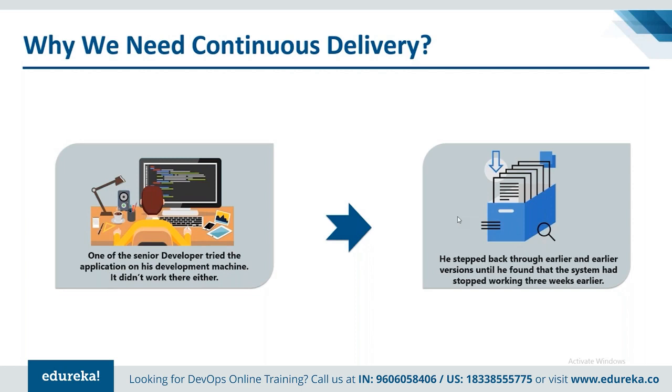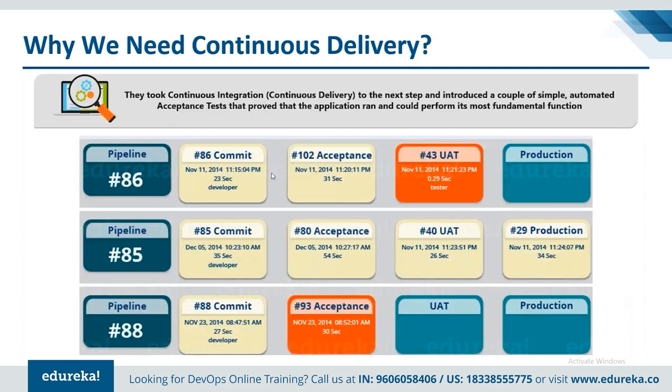Now, suppose we have multiple different pipelines here: 86, 85, and 88. They found that the code was actually fine in, suppose, the 85th pipeline. That means in the 85th revision, the entire code was functional, as you can see from the log.